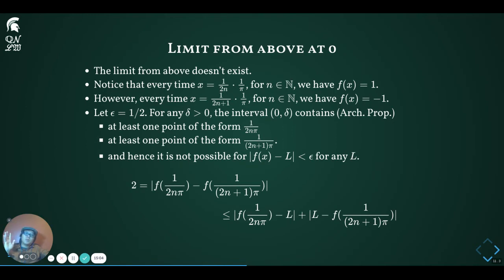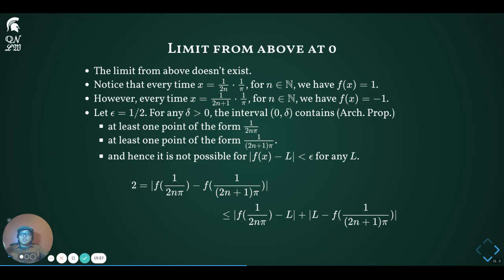So now we're ready to show that the limit from above does not exist. Before talking about the proof, let's first talk about what we need to prove. For the limit to exist, we need to show that for every epsilon positive, there exists a delta positive such that f on the interval 0 to delta is within epsilon of the limit. For the limit not to exist, we need to show the negation.